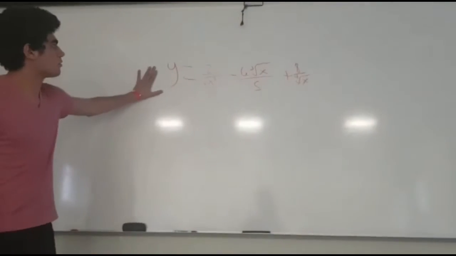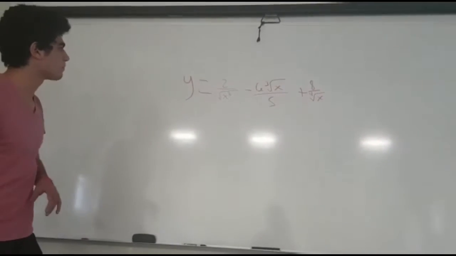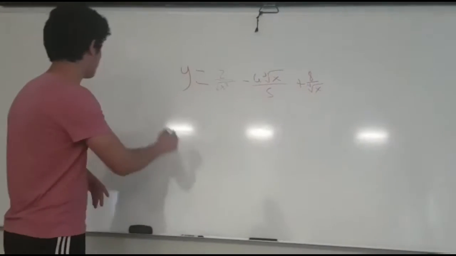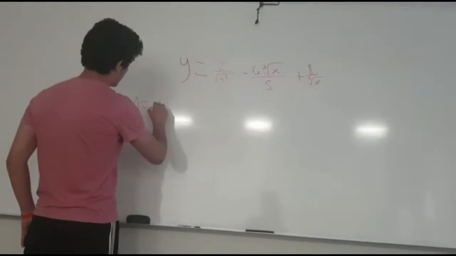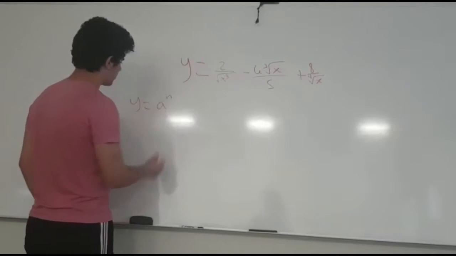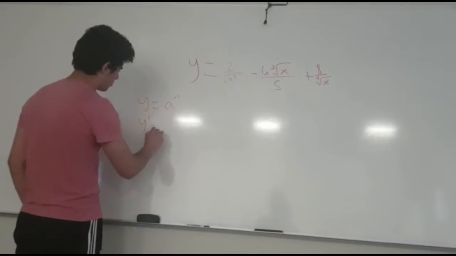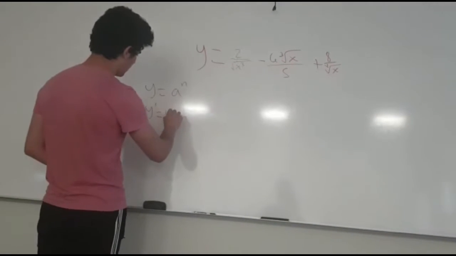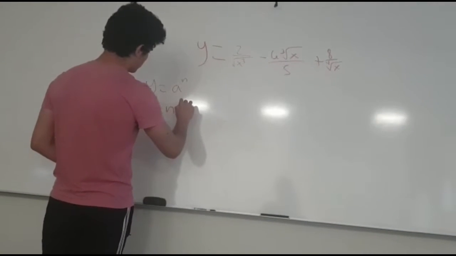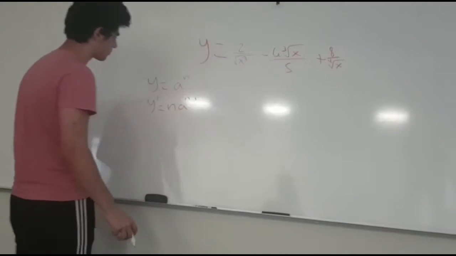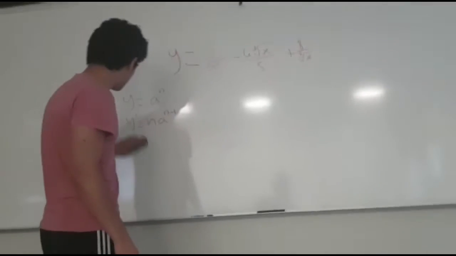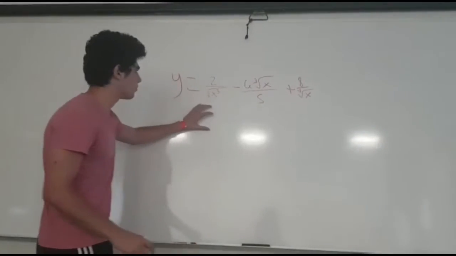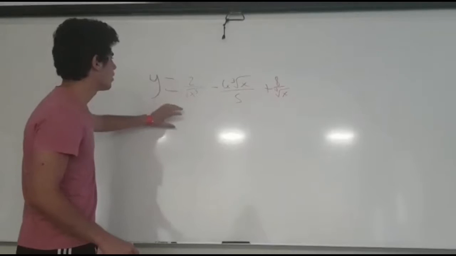And today we're going to differentiate this function. So using the differentiation rules, which are: if y equals a to the n, y prime, which is the differentiated function, equals n times a to the n minus 1. So first we have to get the equation ready.